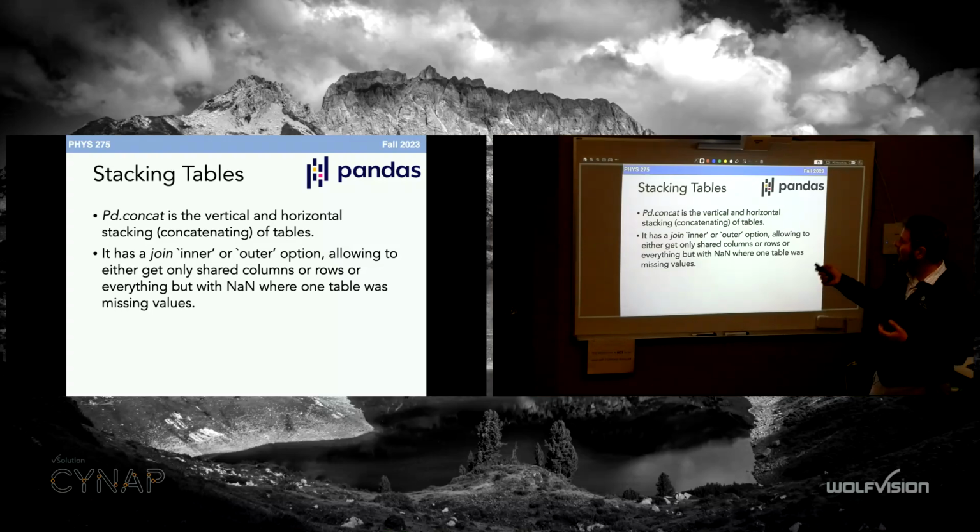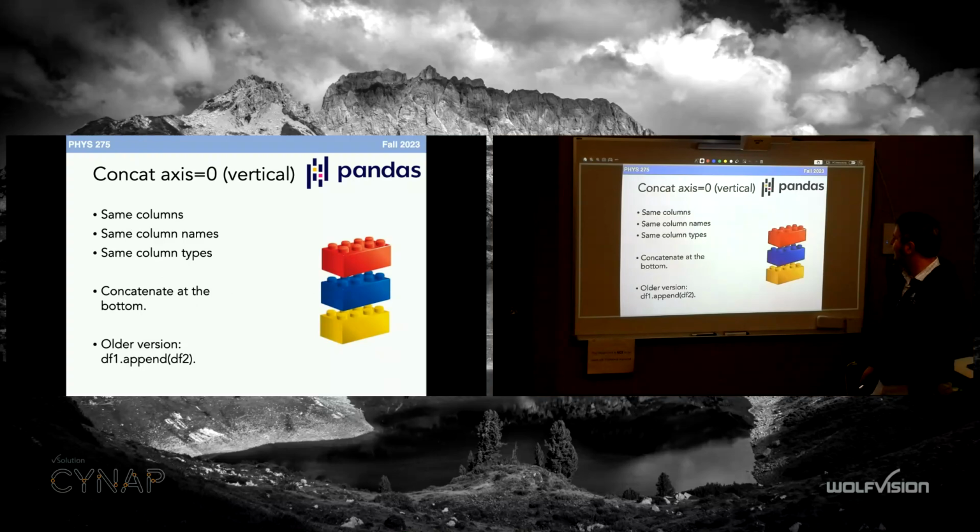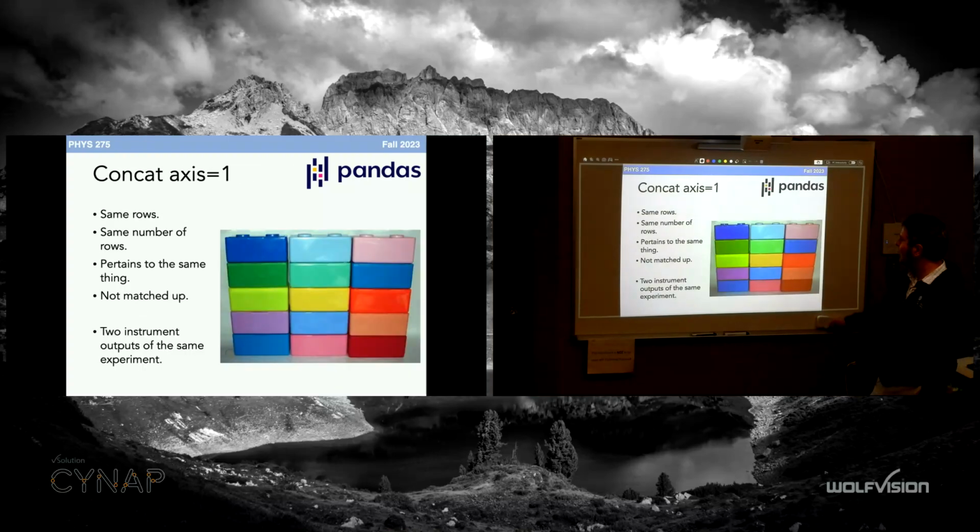But the neat part for pandas is that you can say the left table, the name is ID, and on the right table, the name for the same column that I want you to match up is blob. So it doesn't matter. You can give them two separate names. But concat with axis 0 is the vertical: same column, same name, same types, concatenate at the bottom. Concat with axis 1 is same rows, same number of rows pertaining to the same thing, not matched up, so you basically stack them that way. So you can do exactly the same thing with pandas.